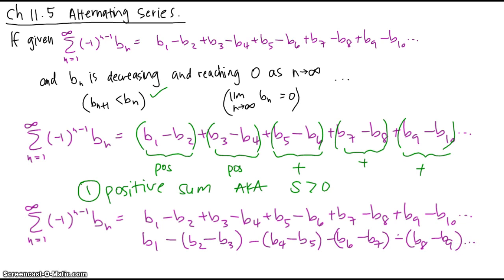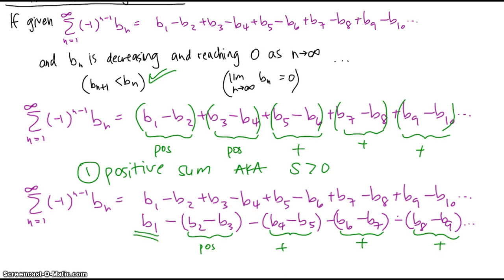Right? Now, if we do that, take a look at what happens here. What do we know about each of these parentheses? Each of these parentheses are also positive, right? Because b sub 3 is smaller than b sub 2, again due to this condition, the fact that each term is decreasing. So each of these parentheses are positive.